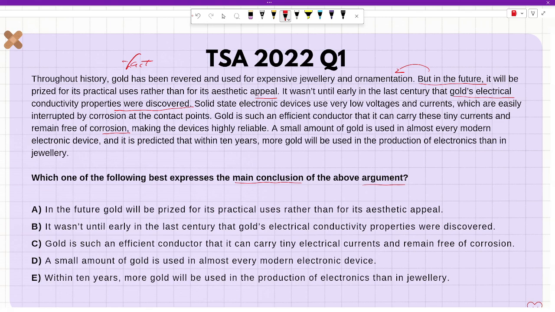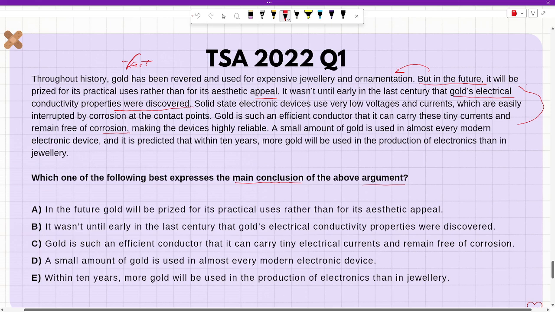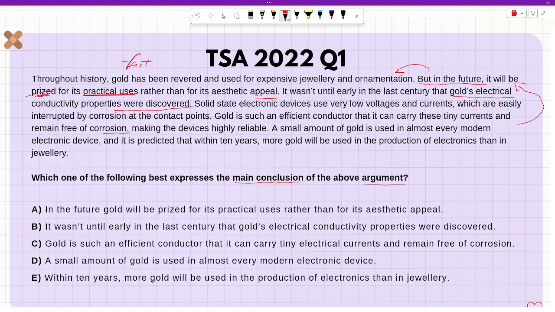So here they're basically saying why gold is going to be prized for its practical uses, right? Again, it's basically like adding sauce to the food, explaining why we believe that it is going to be prized for its practical uses. It's explaining why gold is relevant or important.